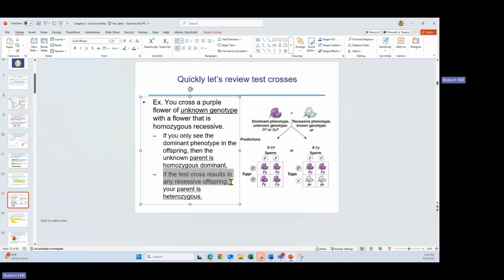If the test cross results in any recessive offspring, your parent is heterozygous. If you only see the dominant phenotype in the offspring, the unknown parent is homozygous dominant. And a test cross is always one of these 2 dominant genotypes versus the homozygous recessive genotype.